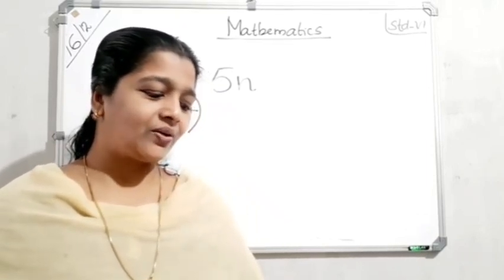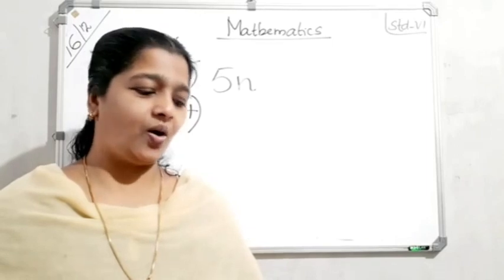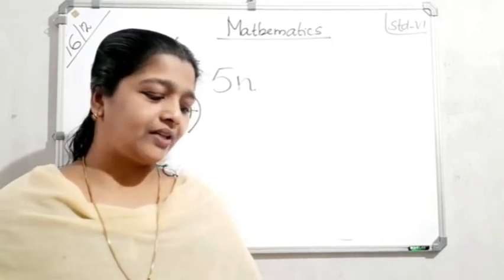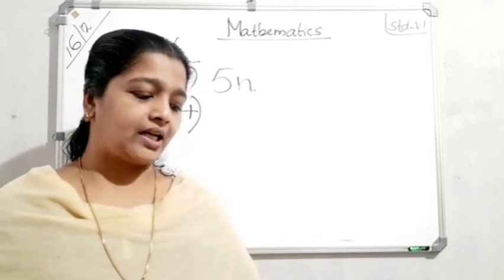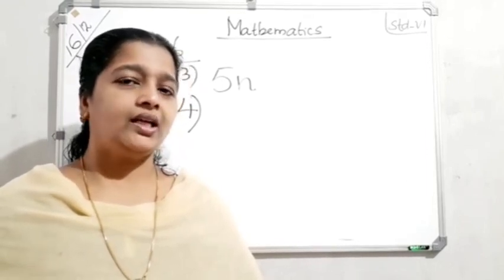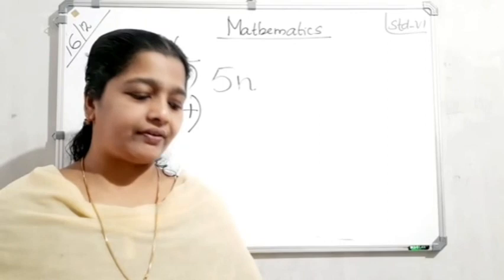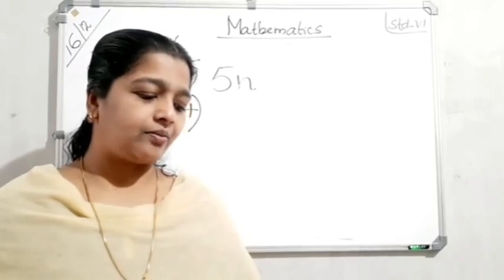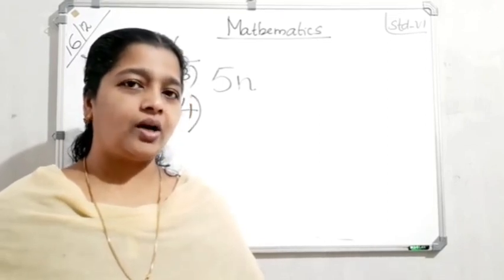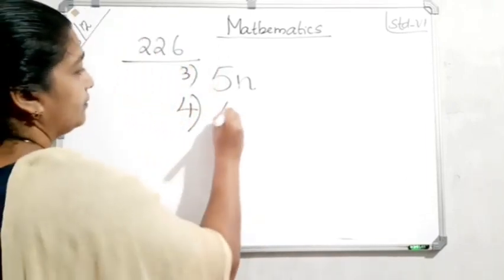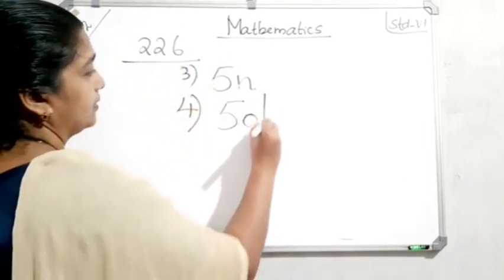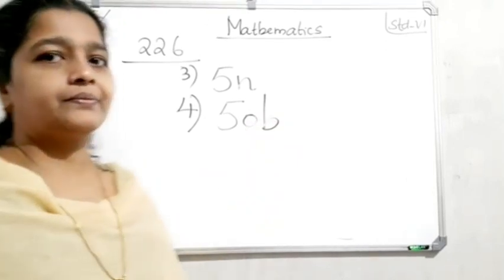Then how will you write the total number of mangoes in terms of the number of boxes? Use small letter B. So the number of mangoes equals 50, then that variable is B. So 50B. Answer 50B.